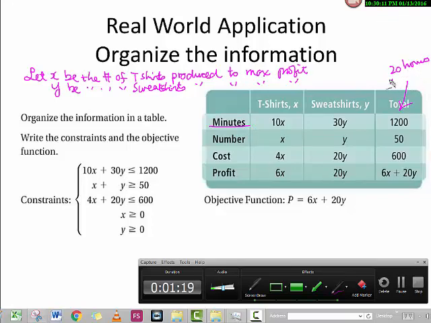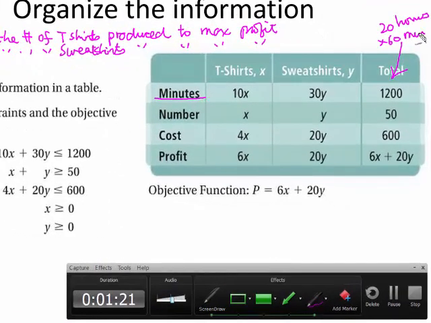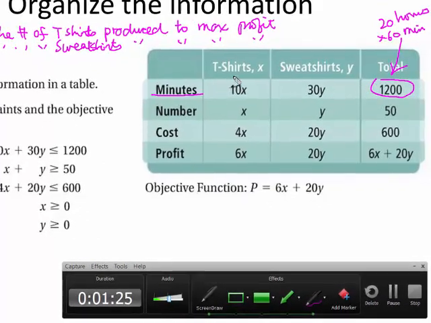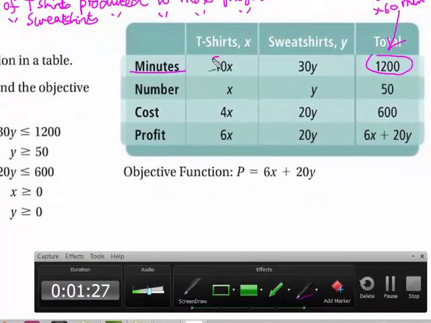Based on the information from the last PowerPoint slide, in terms of minutes, remember we have 20 hours only. So 20 hours times 60 minutes, you get 1200 minutes. And the t-shirt needs 10 minutes to produce, and the sweatshirt needs 30 minutes to produce. If you produce one t-shirt, it takes 10 minutes. If you produce two t-shirts, you need 20 minutes.